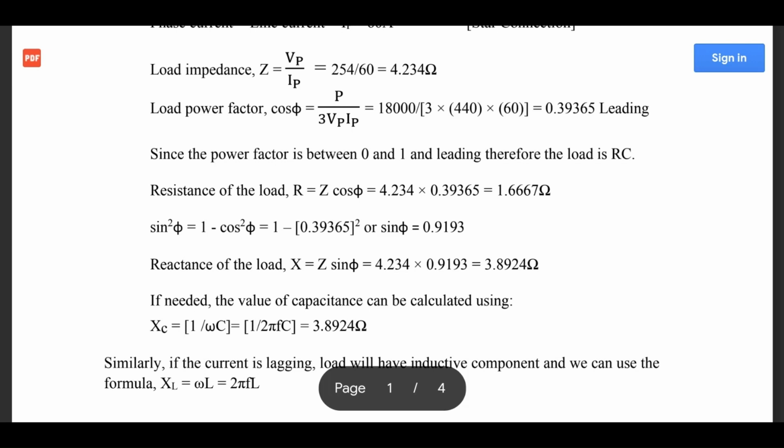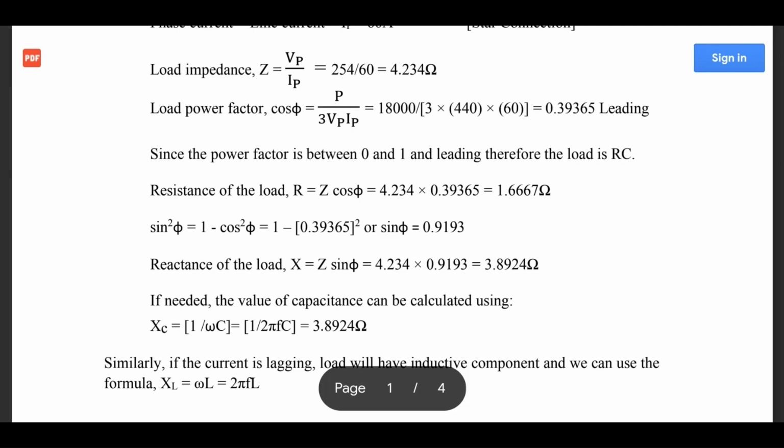So here, since the power factor is between 0 and 1, we come to the conclusion that the load is RC. Once the nature of the load is clear, then we can calculate its components, the resistive component and the capacitive component, or the reactance and the resistance of the load.